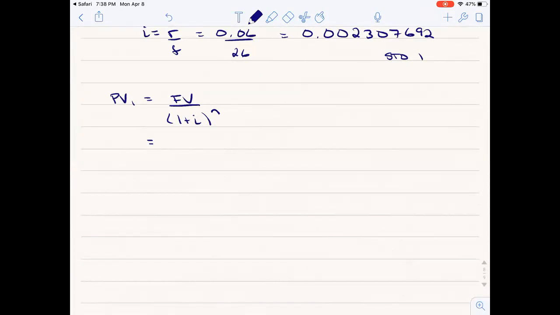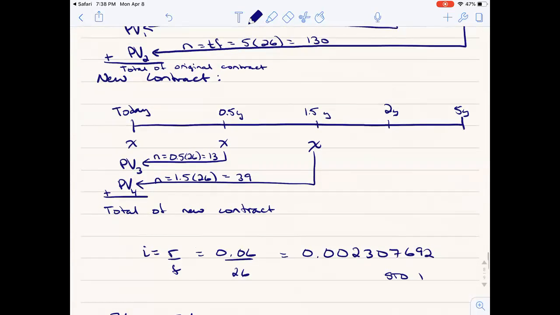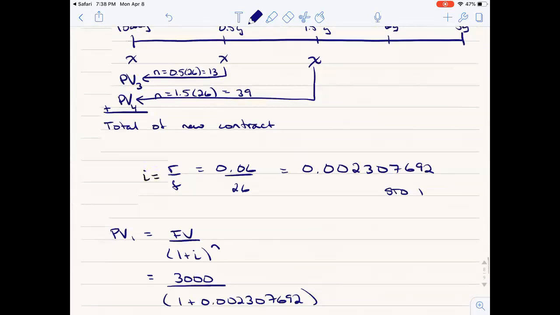The future value for present value 1 is 3,000 over 1 plus 0.00230769 to the power of n, which was 52.